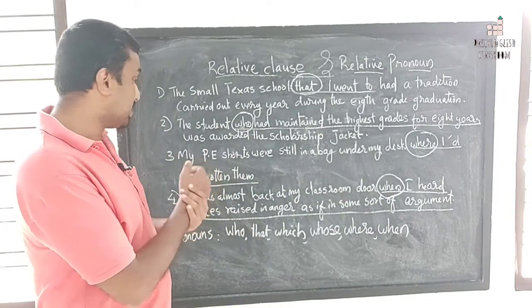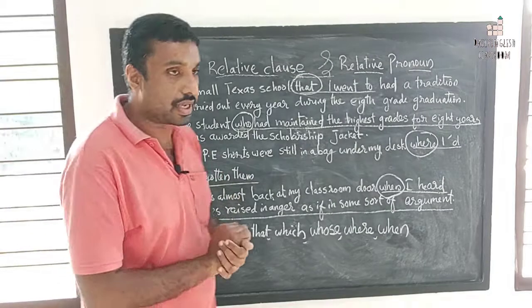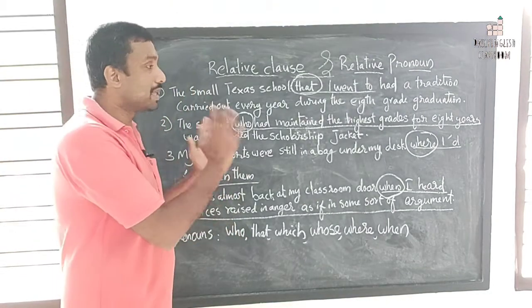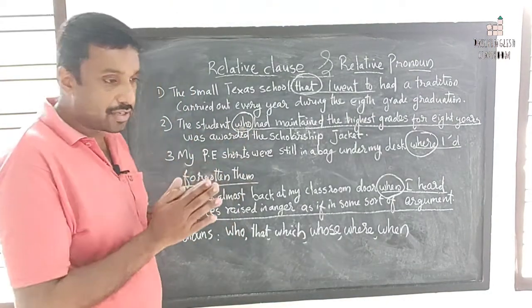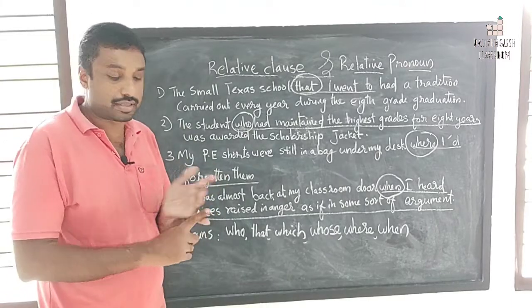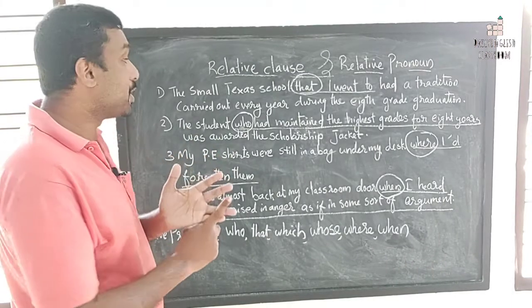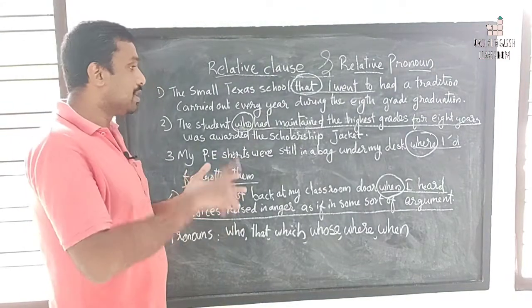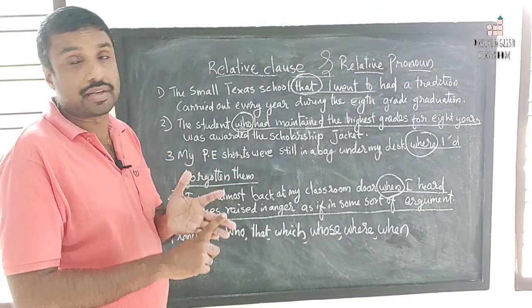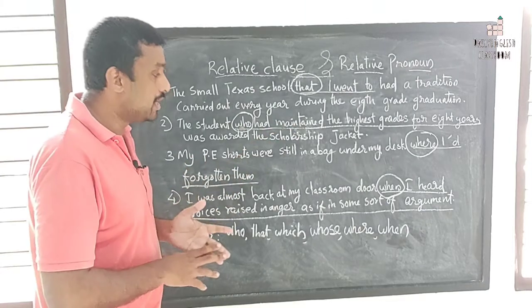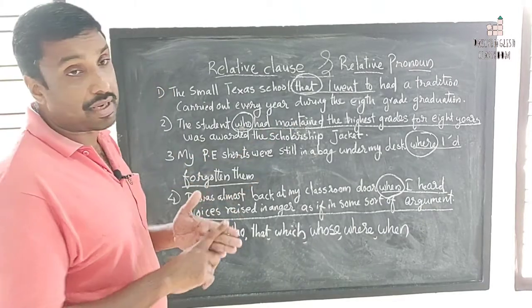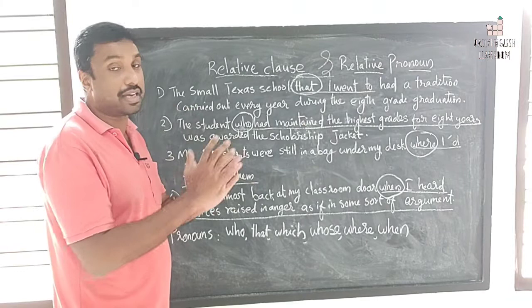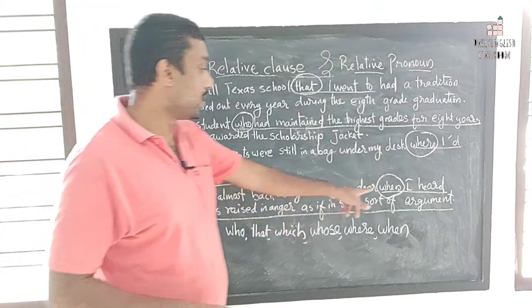So we use these different types of relative pronouns accordingly, according to that sentence. If we are referring to a thing, we often use that. If we are referring to a person, we use who, whose, whom, etc. If we are referring to a location, we use the relative pronoun where, and if we are talking about some occasion or time, we use the relative pronoun when.